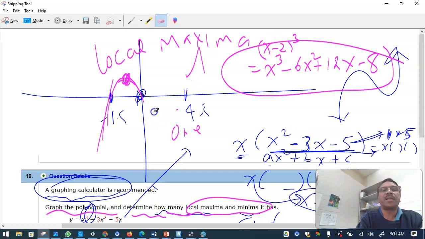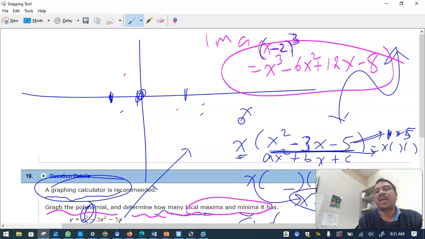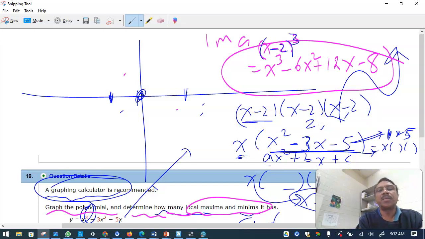Now watch this. Just because it is a cubic, does it mean that it always has a local maximum and local minimum? If you try to show this, you can clearly see this is x minus 2 the whole cube, right? It means it is x minus 2 and x minus 2 and x minus 2. It means the 2 has multiplicity 3.